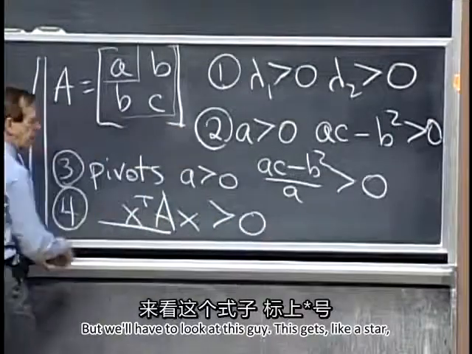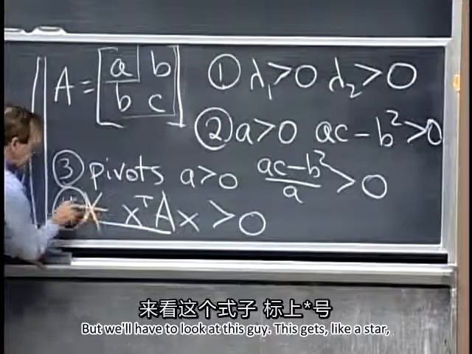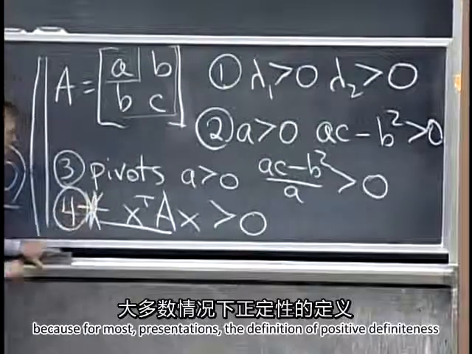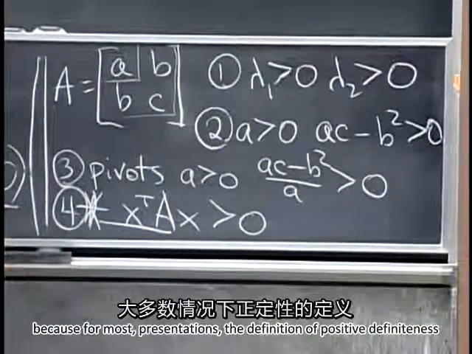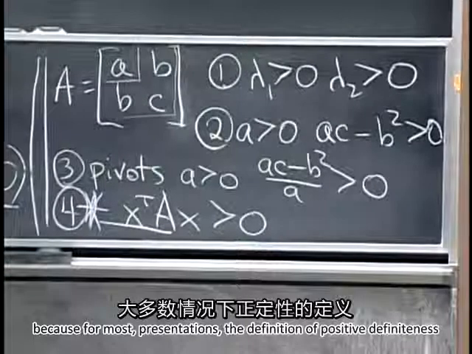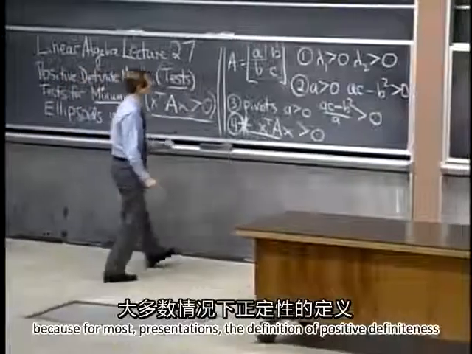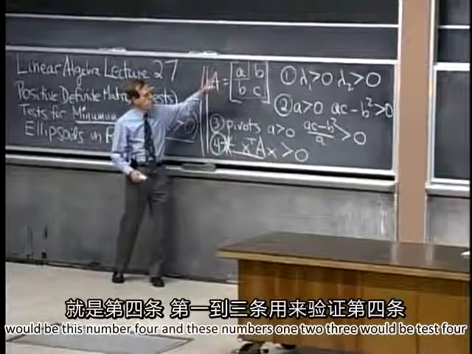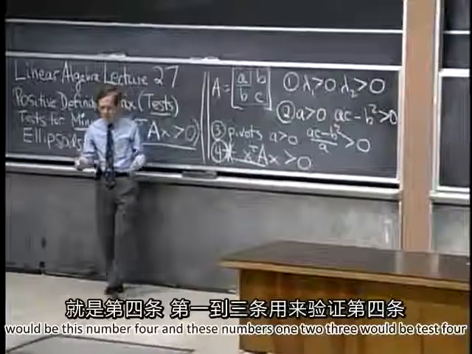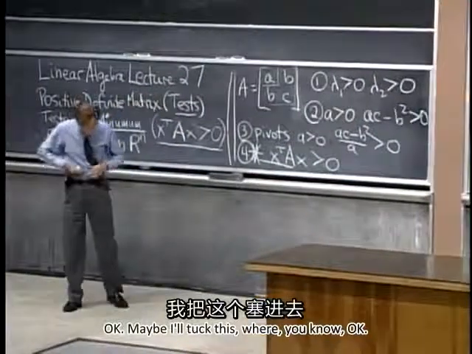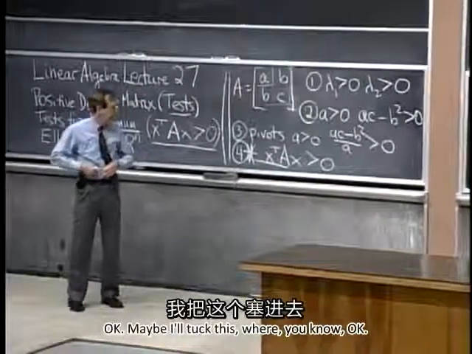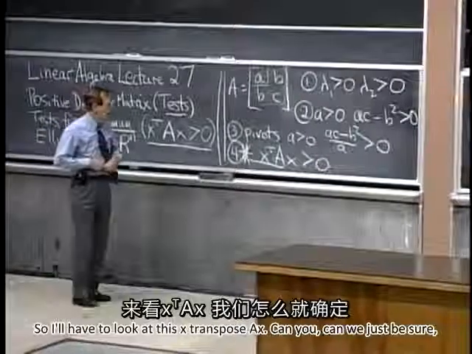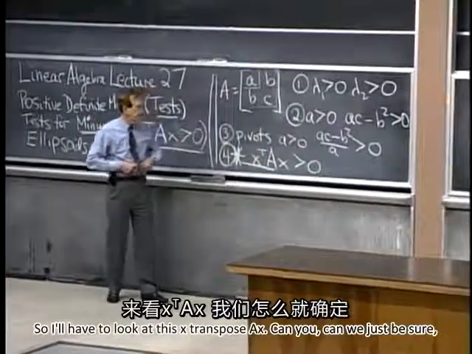This gets a star because for most presentations, the definition of positive definiteness would be this number 4, and these numbers 1, 2, 3 would be tests for it. Okay, so I'll have to look at this x transpose Ax.